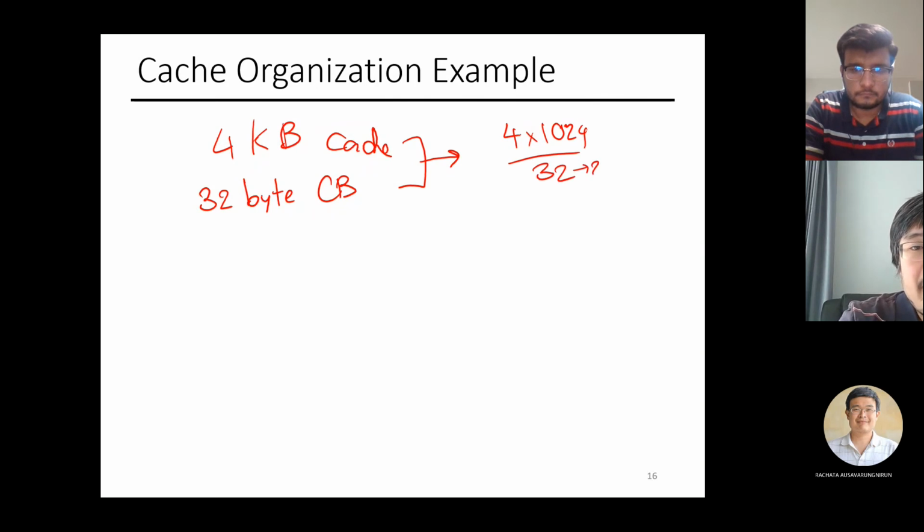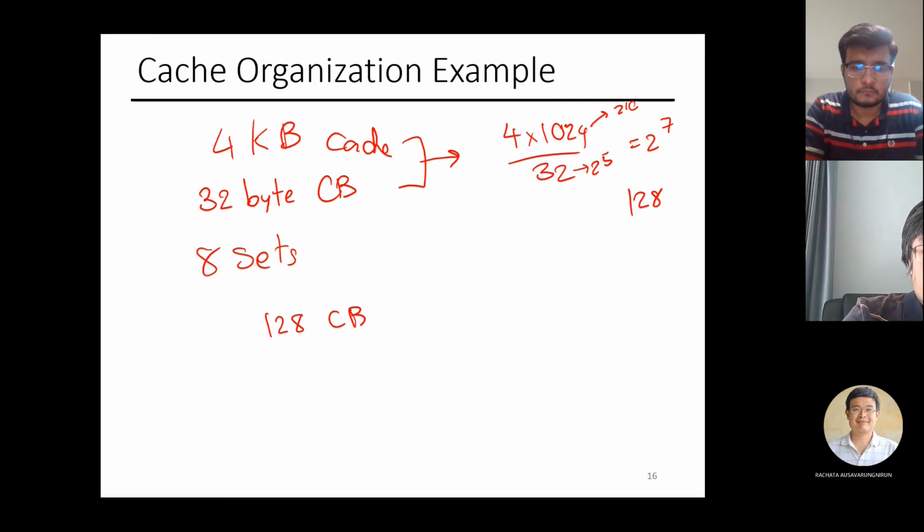This is 2 to the 5, and this is 2 to the 10. So basically this is 2 to the 7. That should be 128 if I don't do the math wrong. Then I say there are 8 sets. And now you know that there are 128 cache blocks and 8 sets. What it means is, well, with this, I also know that each set has how many?